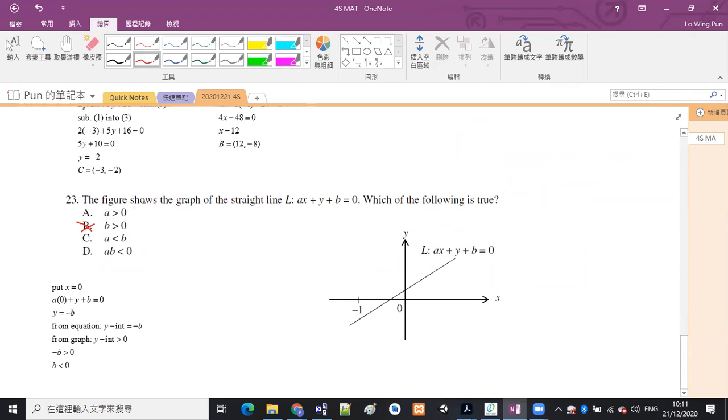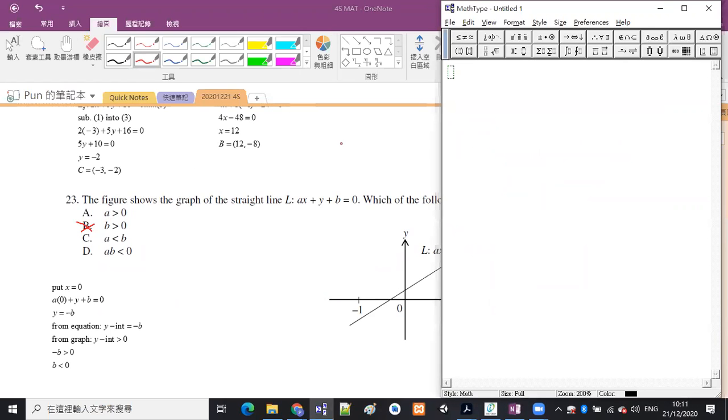x-intercept? To find the x-intercept, we need to put y to be 0. So we have ax plus b is equal to 0. And then x is equal to negative b over a. Okay? So from the equation, we have x-intercept is equal to negative b over a.